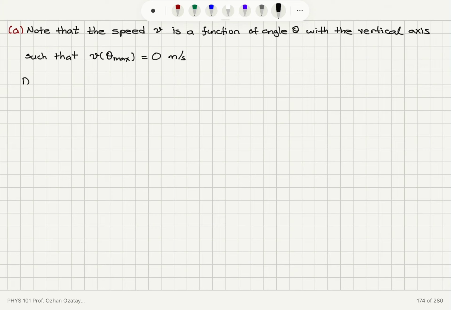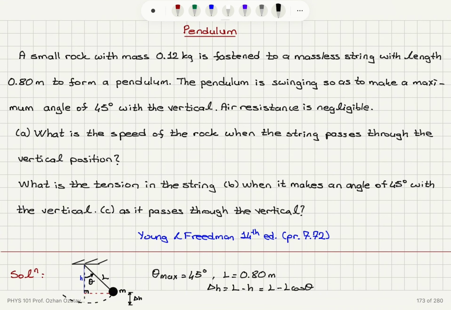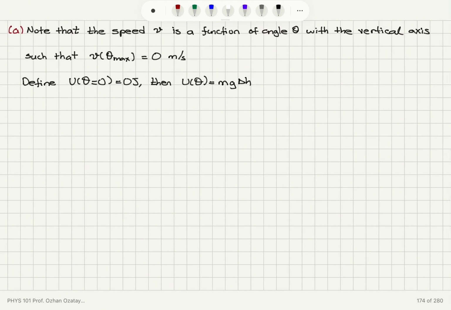So if I define the potential energy of the system at theta equals 0 as 0 joules, then when I reach an angle theta, I'm going to have a potential energy mg delta H. As you can see here, the potential energy at this point is 0, and the potential energy at this point is mg delta H, which is equal to mg times L minus H, which is mgL times 1 minus cosine theta.